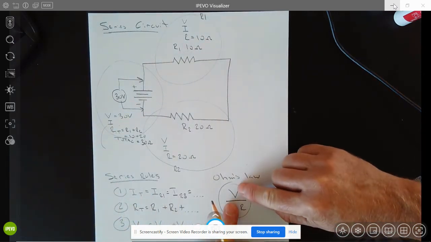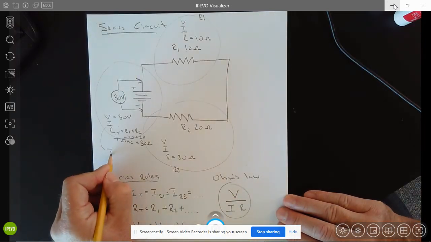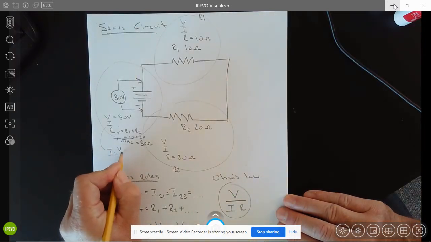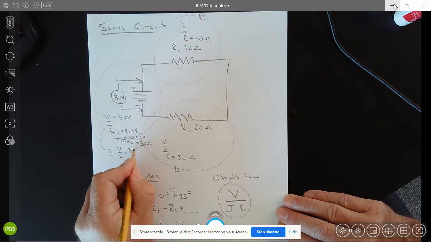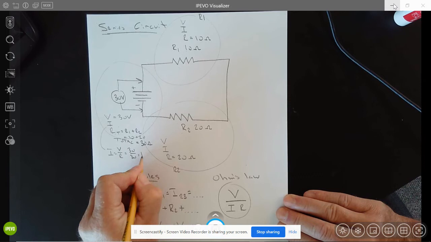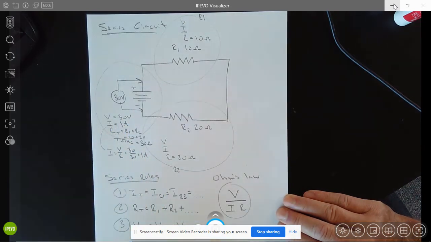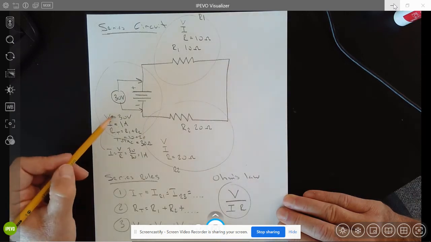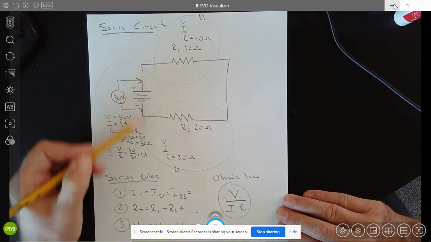Current is voltage divided by resistance. So in this case, my current is voltage over resistance, 30 over 30, or 1 amp.